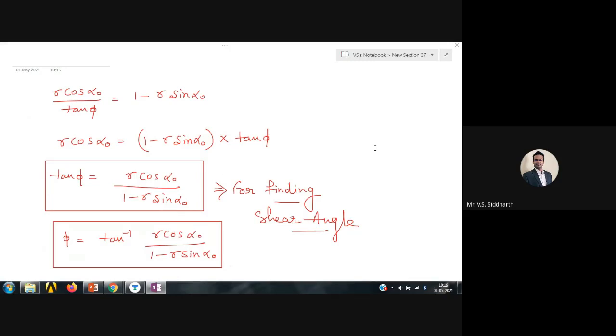Okay. Now you tell me, if rake angle is 0, then what will be the value of tan phi? If rake angle is 0, what is the value of tan phi? R. Very good.